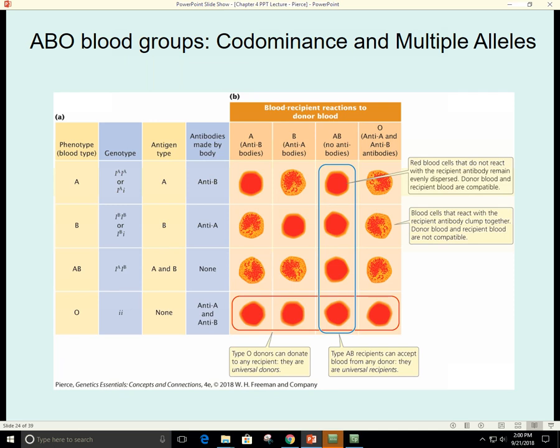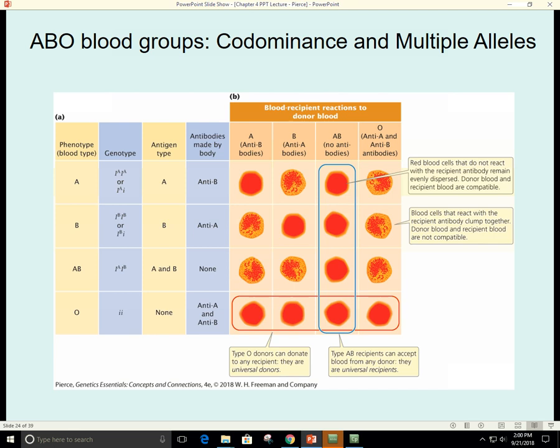So another special case that Mendel never had to try to figure out is something called codominance. Codominance is a very narrow topic. It really only applies to antigens, which are glycoproteins on your cells.